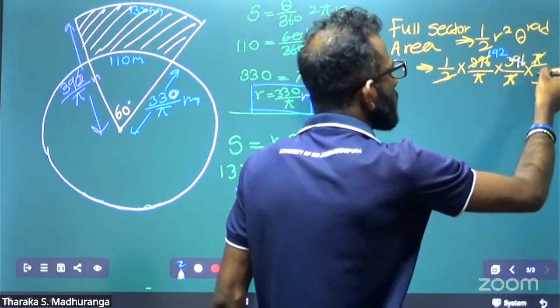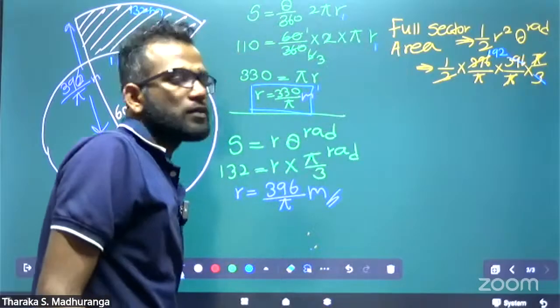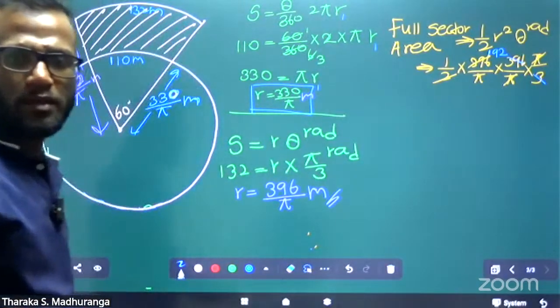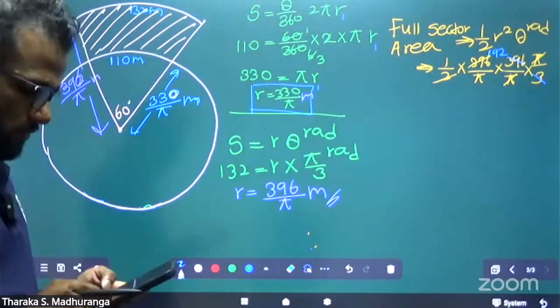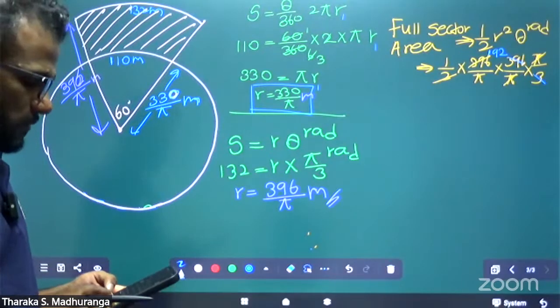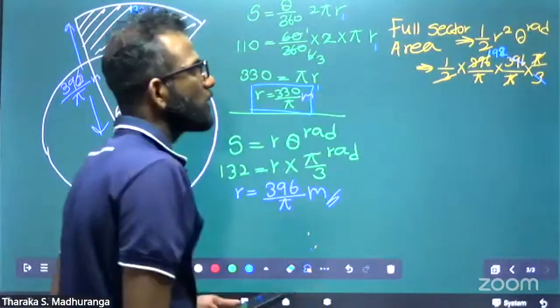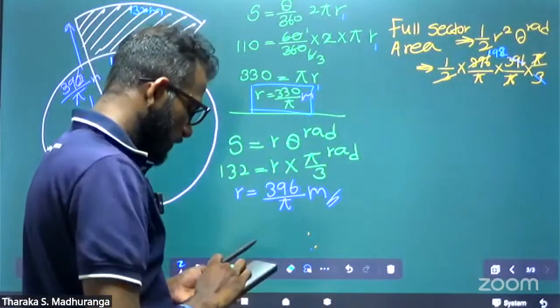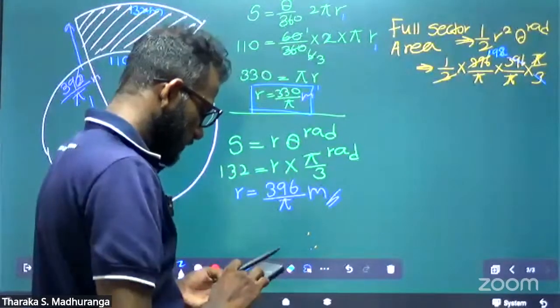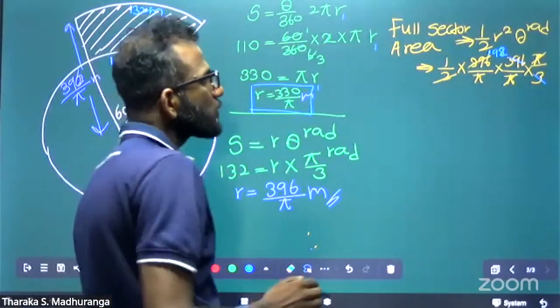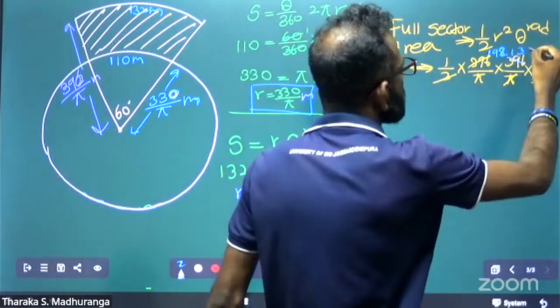396 again you can divide by 3, right? 396 divided by 3 is 132.